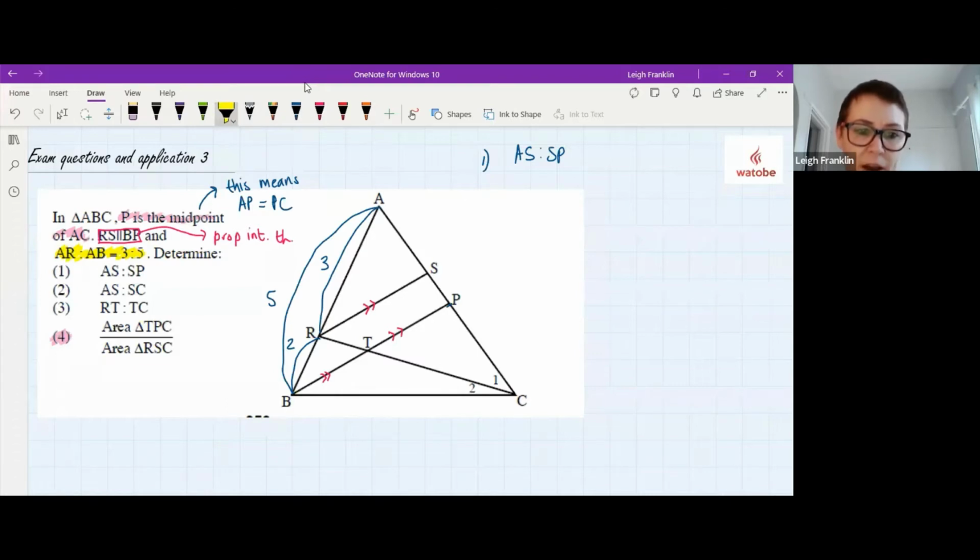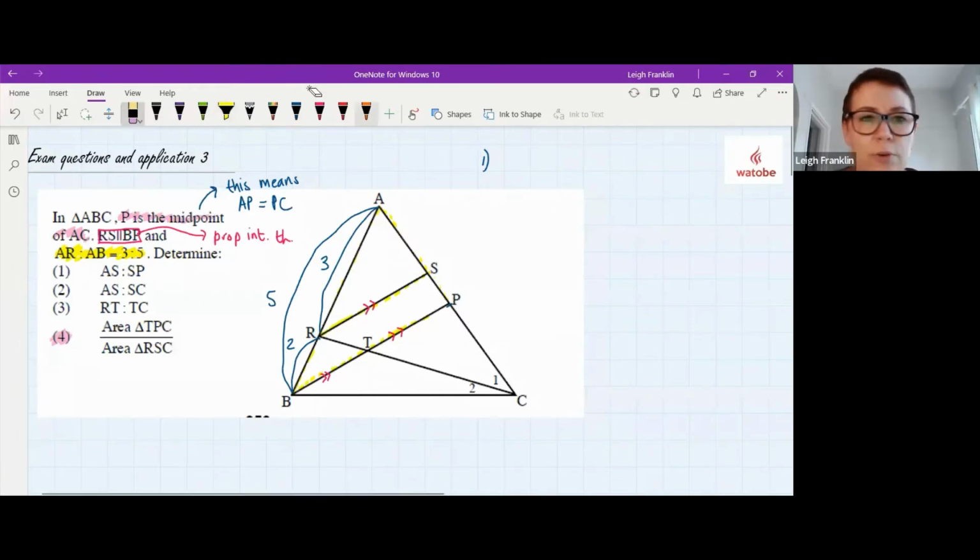Okay, because here we've got this line over here parallel to that one over there. So quite right, they want us to work in triangle ABP. Perfect. So now we look in triangle ABP, and we can see that AS over SP is the same as AR over RB. RB, absolutely.